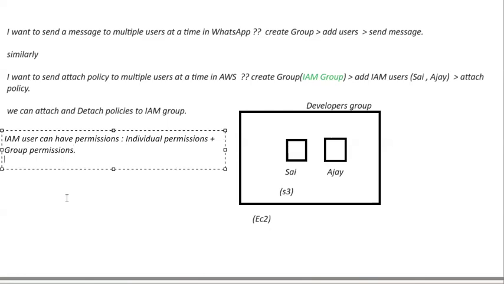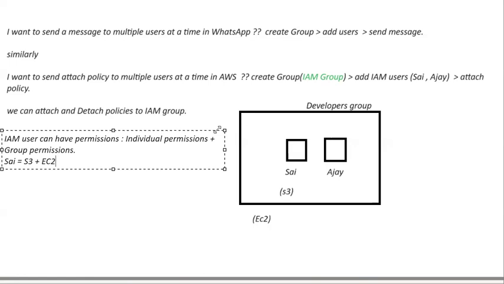If you take the example of Sai, what are the permissions that he has? He has an individual permission, that is S3. Now EC2 permission is also added to him because he was added to the developer group. So if you attach an IAM user to an IAM group, the IAM user keeps the individual permissions, and in addition, the group permissions are also added.